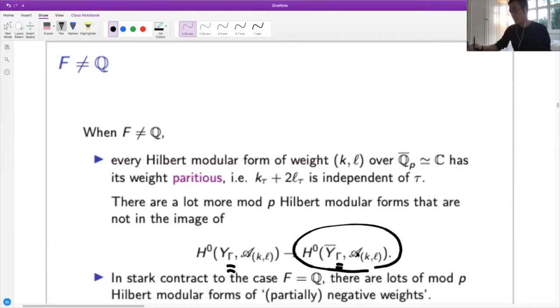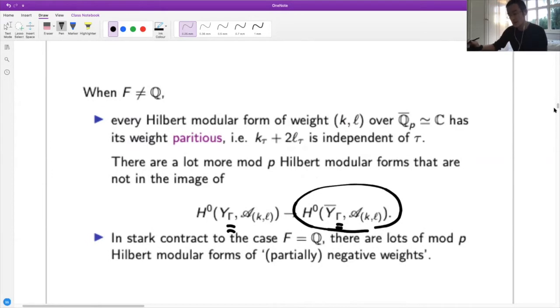So that makes this theory a little more mysterious. In the classical case, this would be almost always surjective when the weight k is greater than or equal to 2, or level is greater than or equal to 2. Most of the time this will be surjective, but in the Hilbert case suddenly it is no longer the case, and there are tons of those things that are not in the image.